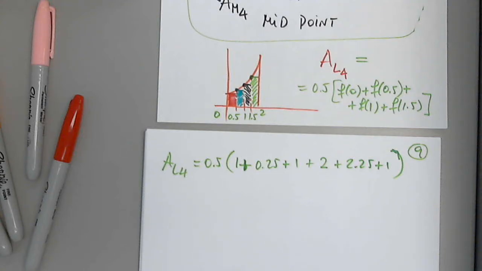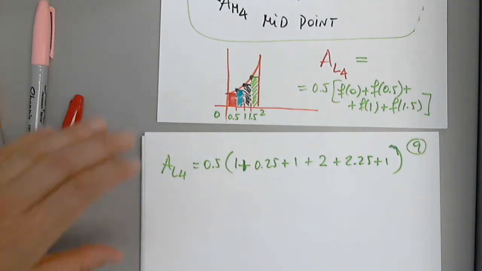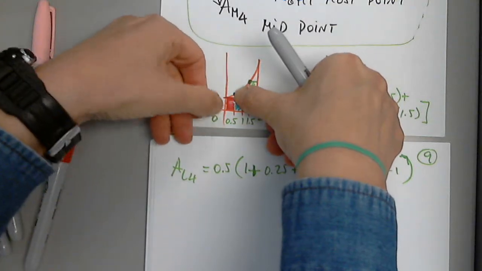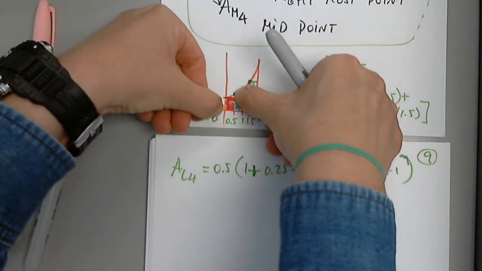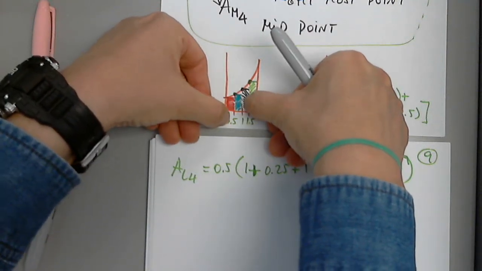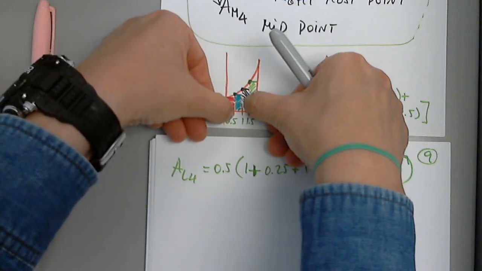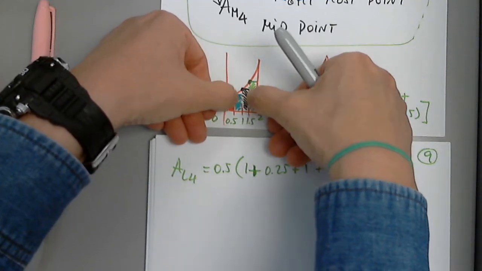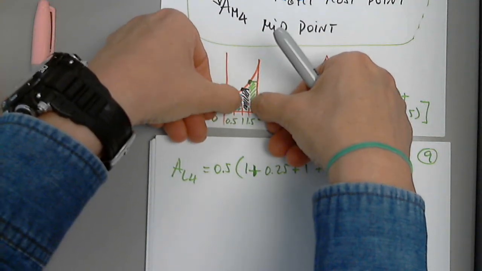I don't understand where the 1 and 1.5 up there are coming from. So this interval uses the height of the leftmost point, which is f of 0. This interval uses the height right on top of 0.5, so this height would be f of 0.5. This interval uses the height right on top of 1, so this height will be f of 1.